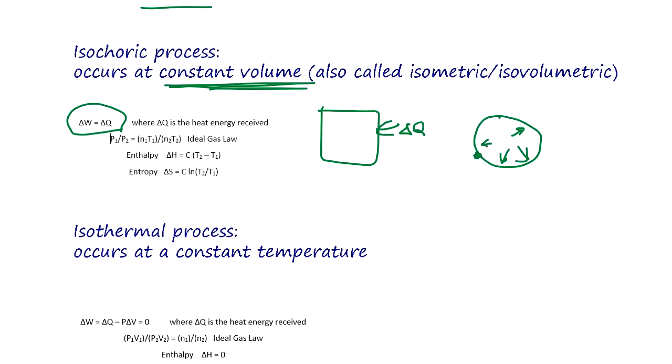But mechanical work PV is 0, so it's all going to the temperature. So enthalpy is the temperature difference. In this case, temperature climbs up really fast because volume is constant. And the entropy is the same equation, the temperature difference.